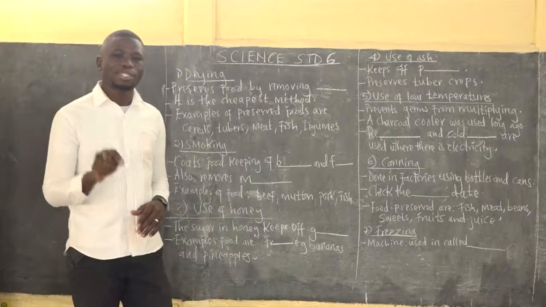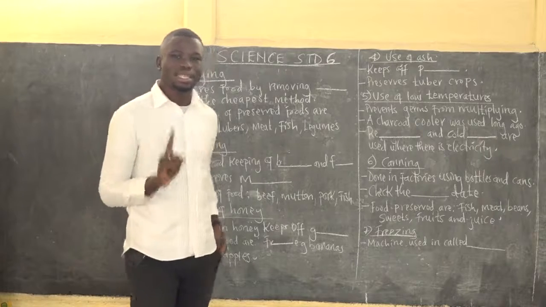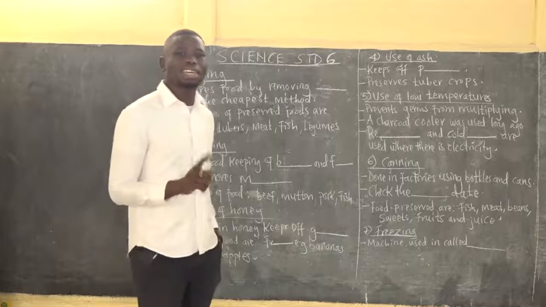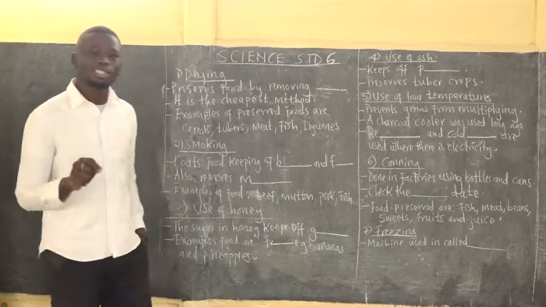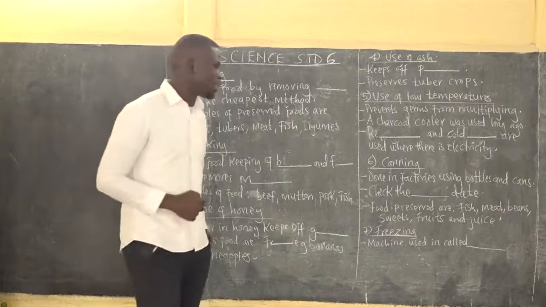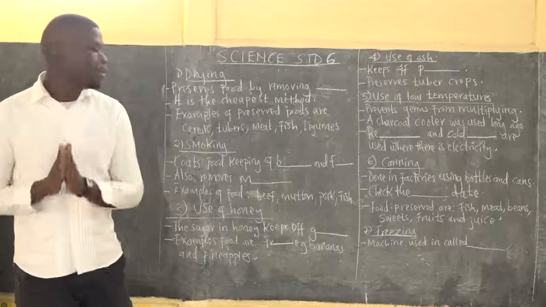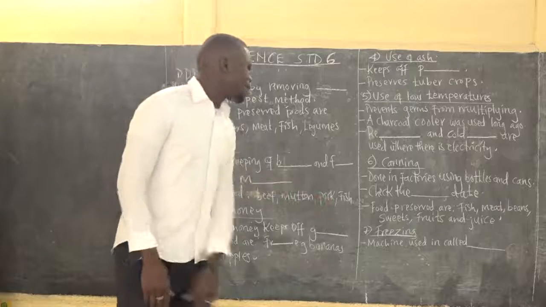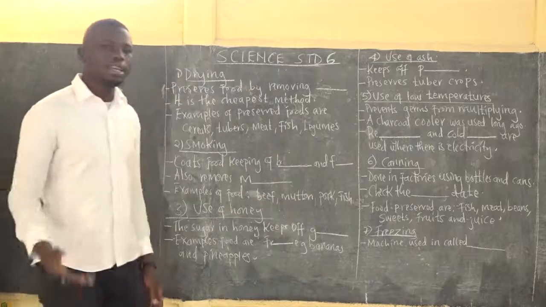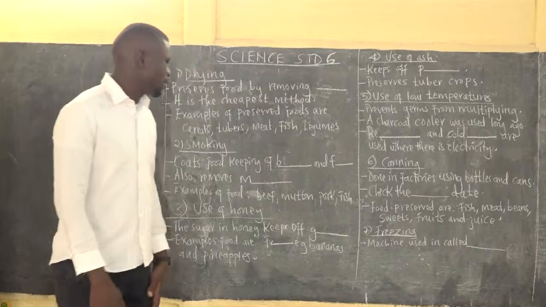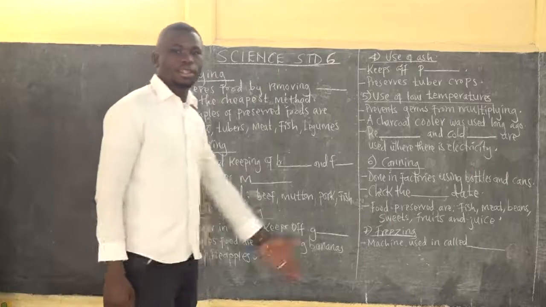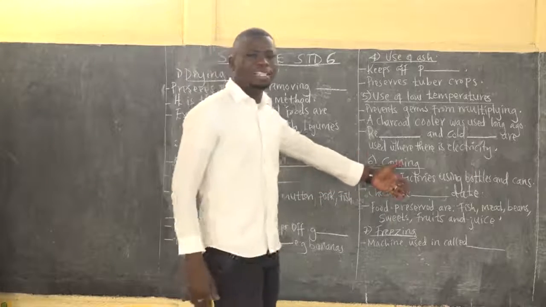That is most important, because if you don't check the expiry date, you might end up taking something that has already gone bad, and you'll cause food poisoning to yourself. You'll cause infections to yourself. So check the expiry date on canned food. Then food preserved using canning is like fish, meat, beans, sweets, fruits, and juice. This is mostly used by the military.